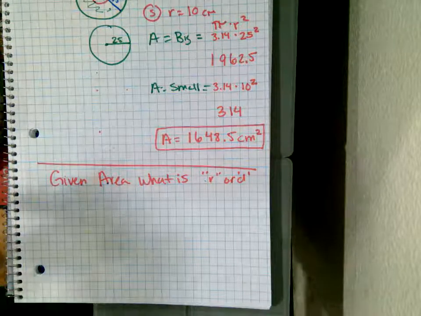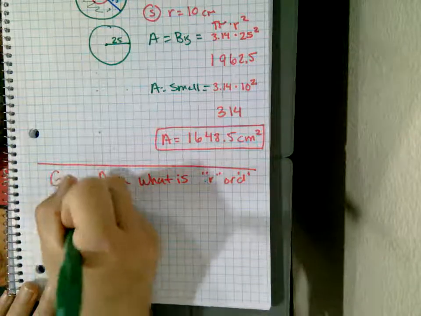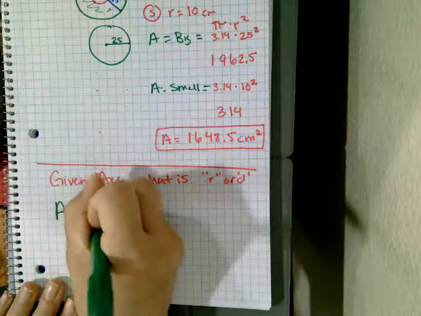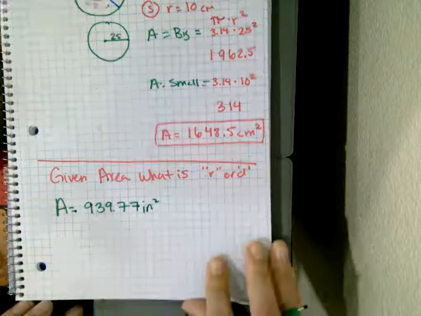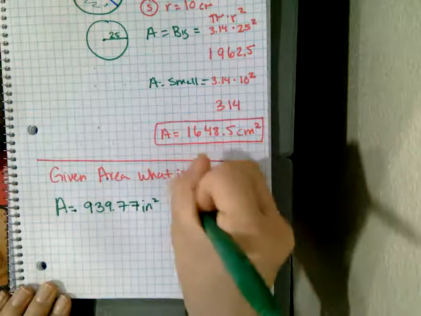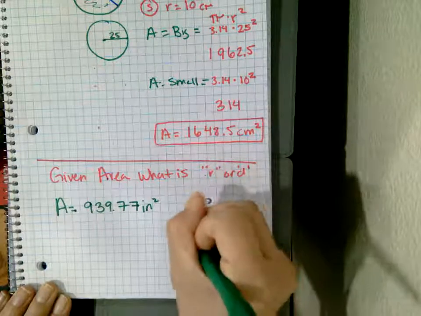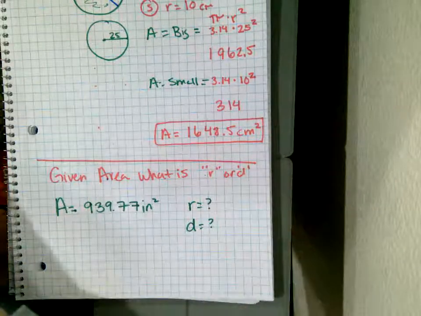So if I tell you that the area of the circle is 939.77 inches squared, I want to know, cool, what is the radius equal and what is the diameter equal of this circle?